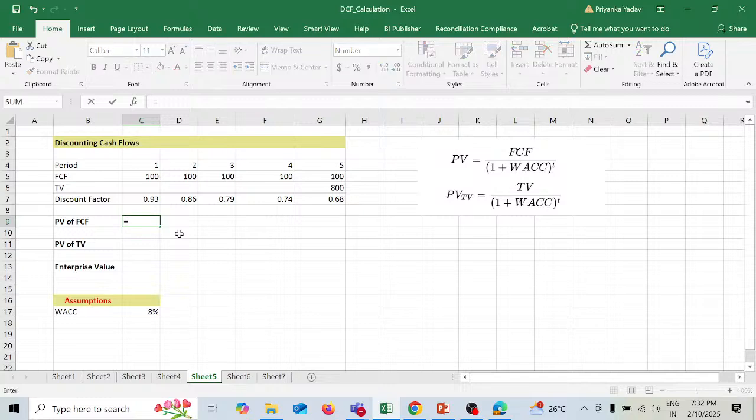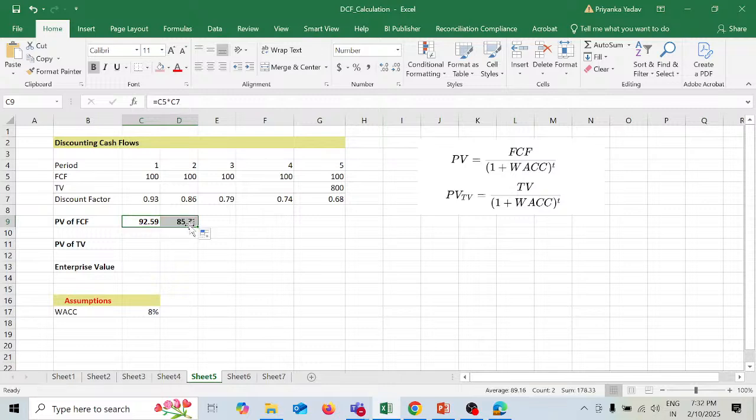That means this is equal to the future cash flow multiplied with the respective discount factor for that period. And the same goes for all the other periods also.